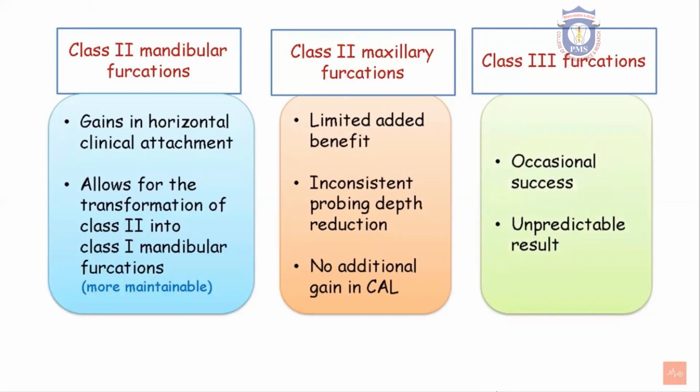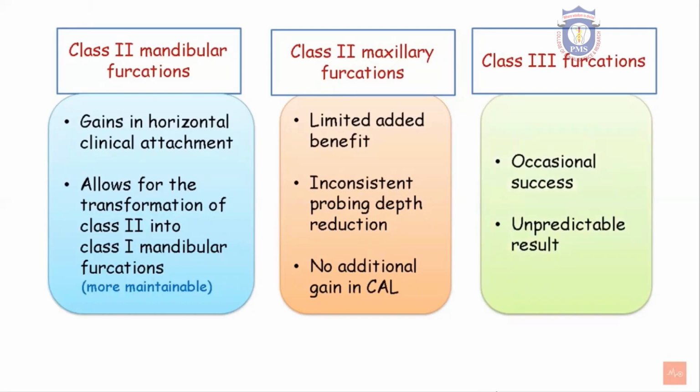In class 2 maxillary furcations, there is only very limited benefit, inconsistent probing depth reduction, and no additional gain in attachment. While in class 3 furcation, occasional success has been reported, while many reported unpredictable results.